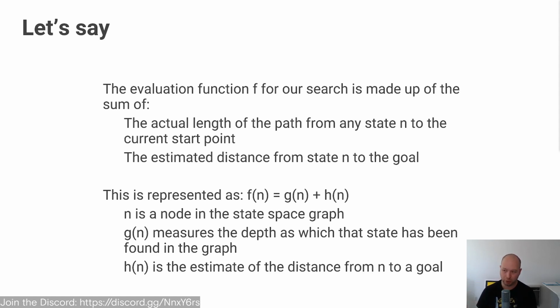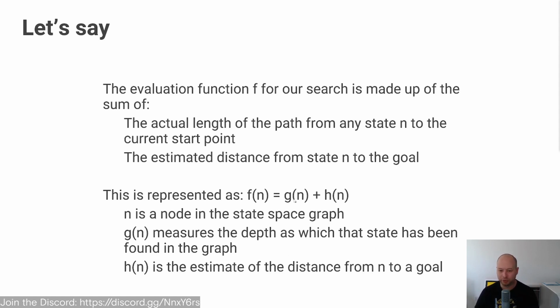In total, this number should converge to the distance of the goal. And per the admissibility of this algorithm, it'll never overshoot. So f of n will never be longer than the shortest path to the goal from your given node. I apologize for that confusion.